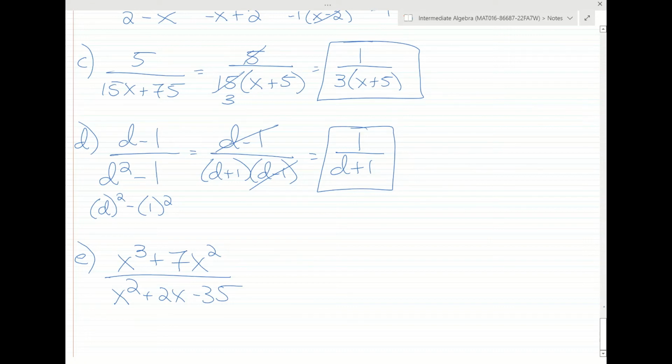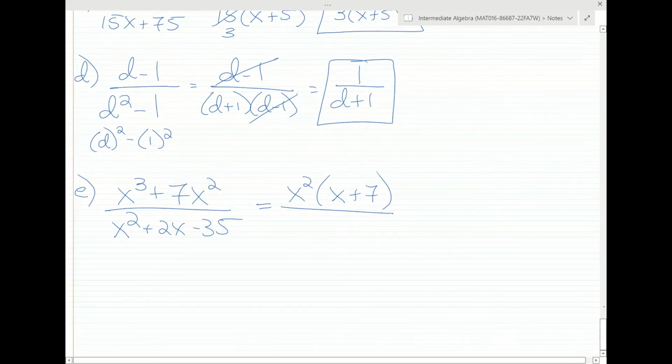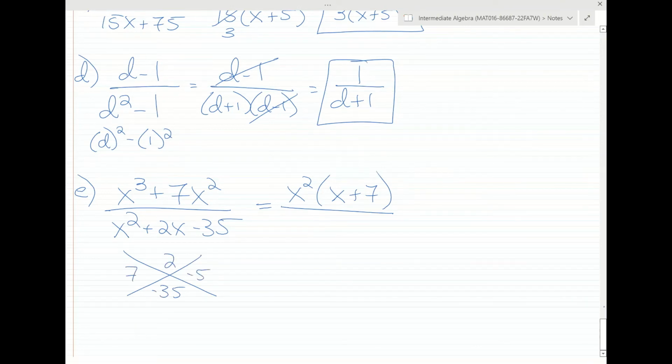All right. So in class we said we could factor out the top. We could actually take out an x squared from the top, and we're left with x plus 7. And the bottom we could factor. We're looking for numbers that multiply to be negative 35 and add up to be 2. So 7 and negative 5 would get the job done. But these cancel, and we're just left with x squared over x minus 5.